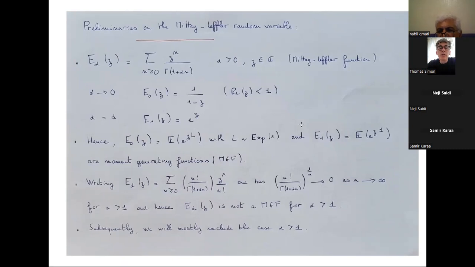So I was saying that when alpha equals 0 or 1, there is an underlying random variable. And I was also saying that when alpha is strictly greater than 1, then there is no such random variable, because if this random variable did exist, then factorial n divided by gamma of 1 plus alpha n should be an integer moment, and it is not the case by the Stirling formula.